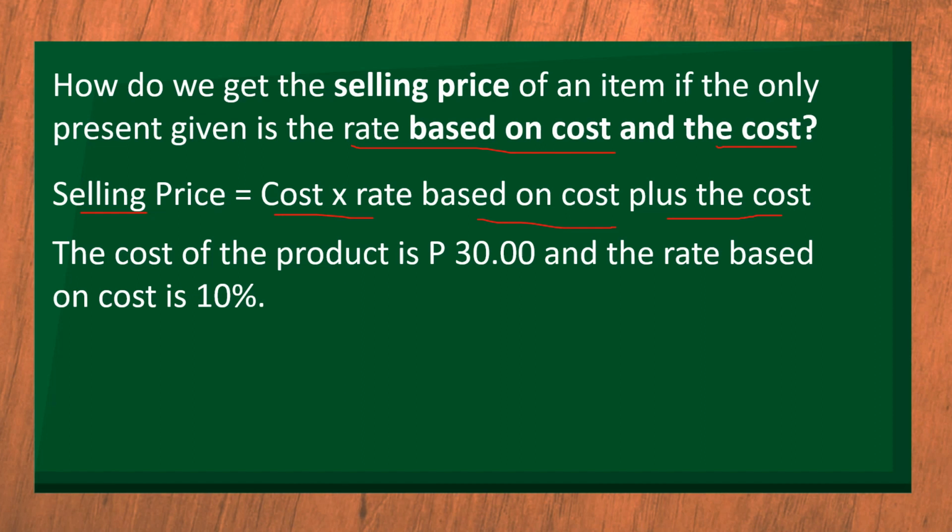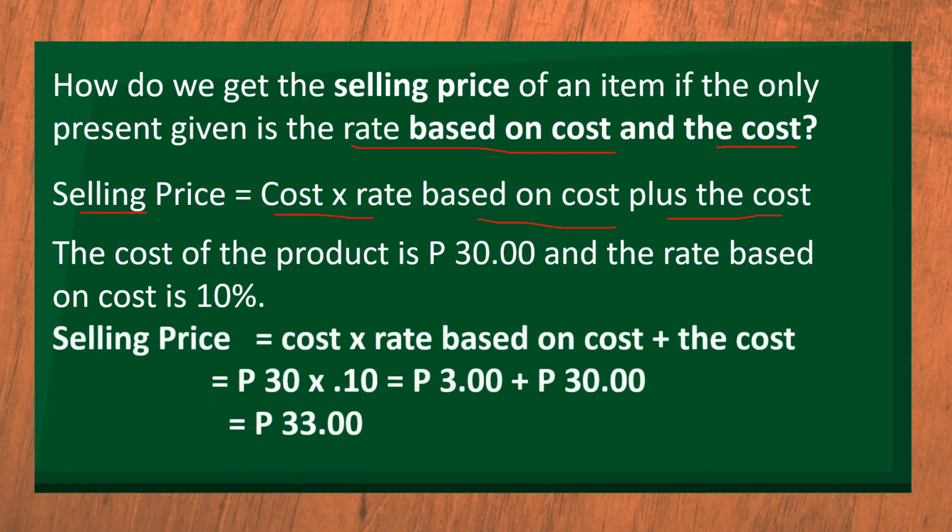Let's put in the formula. Selling price is equal to cost times rate based on cost plus the cost, which is 30 pesos times 0.10 is equal to 3 pesos. Let's add the cost, 30 pesos. The selling price of the product is now 33 pesos.